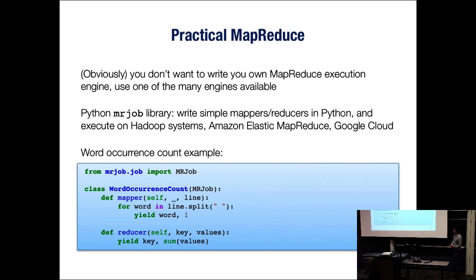I actually wanted to use the MRJob library for your homework, but unfortunately it did not install on the AutoLab computers for some reason. I don't know why, because it can run locally. So we have our own MapReduce, which we took from some code somewhere and modified slightly for our purposes, and you'll be using that instead of MRJob.